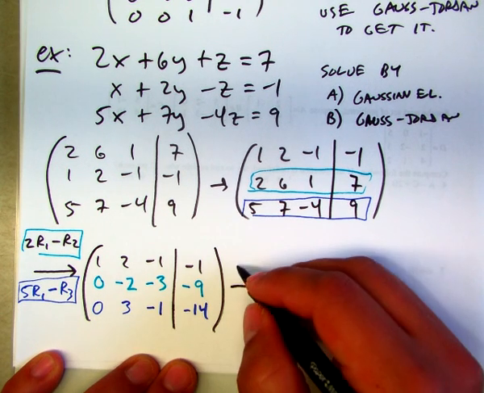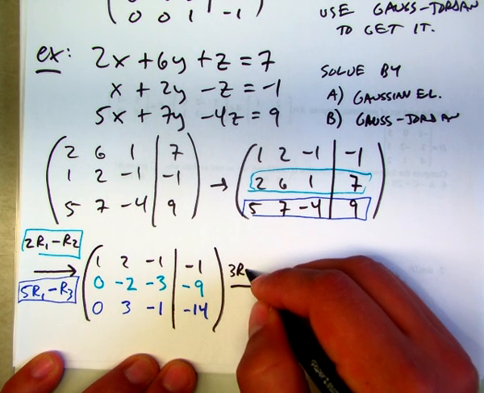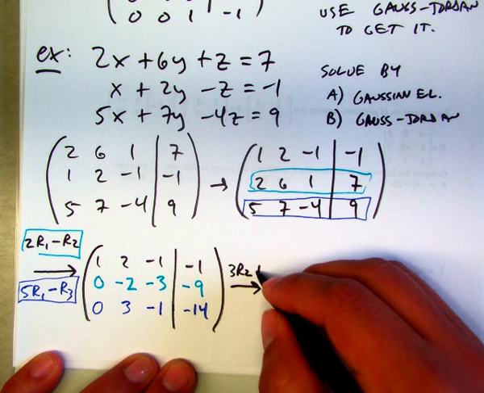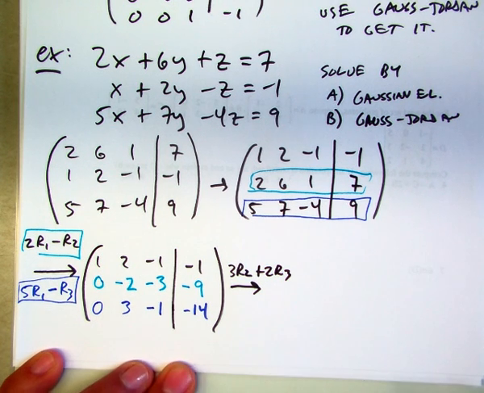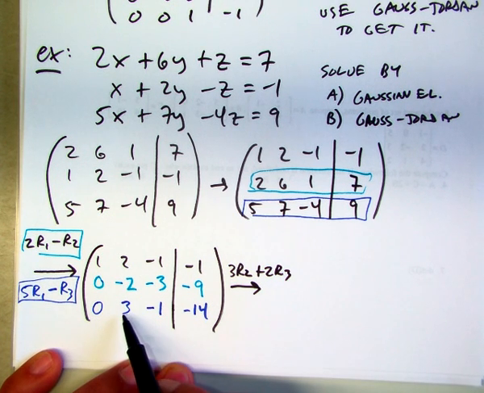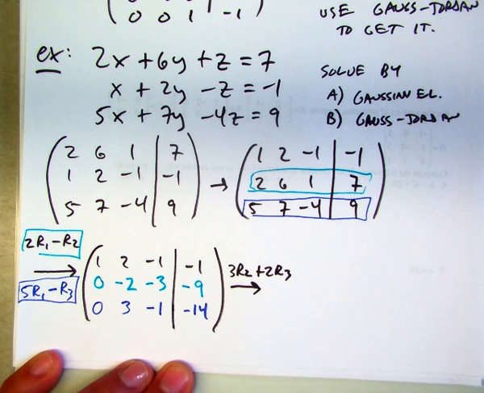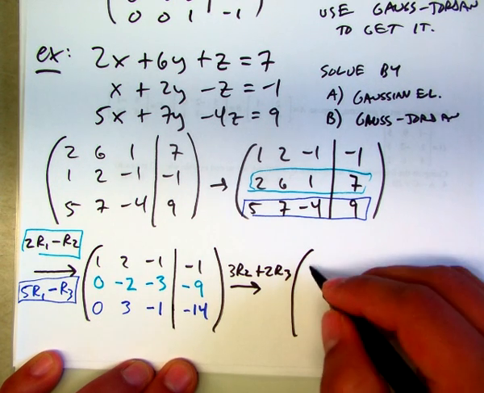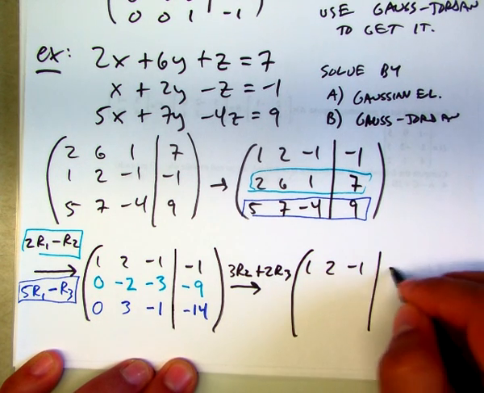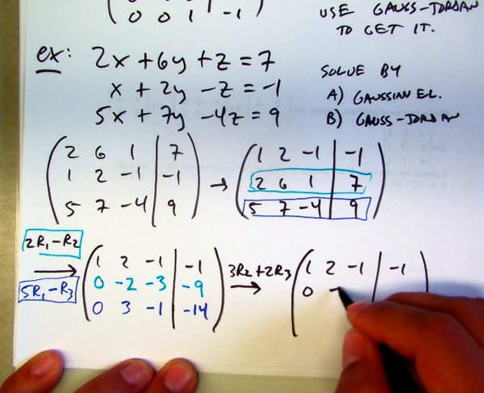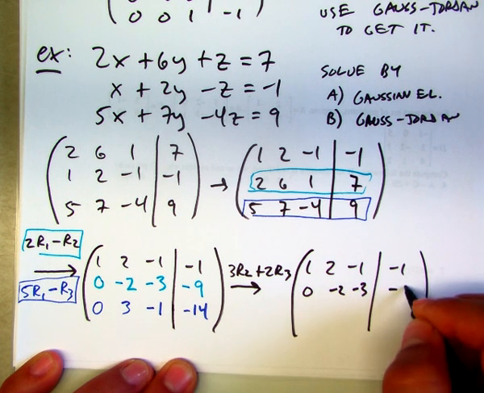But then here, if I triple row 2 and then I add double row 3, that gives me a negative 6 and then a positive 6, so then I'll get a 0. So top row's good: 0, negative 2, negative 3, negative 9.